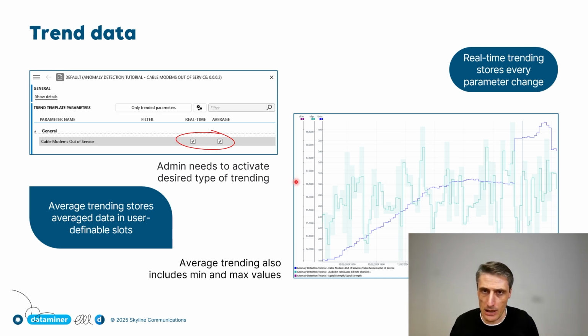You can see that in the trend graphs here: you have a line and a zone around it. That's the minimum and the maximum. That minimum and maximum is stored together with the average for every 5-minute time slot. We do that up to a month or 3 months, depending on your configuration.